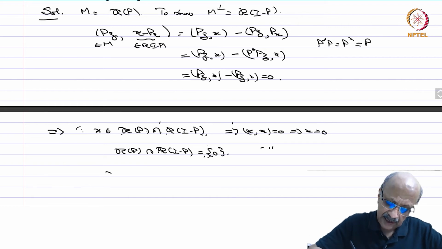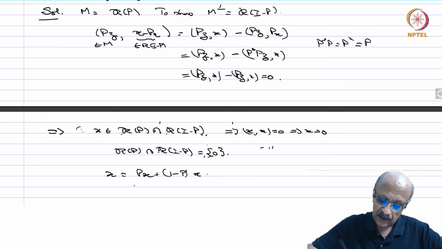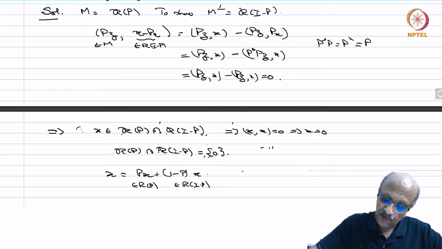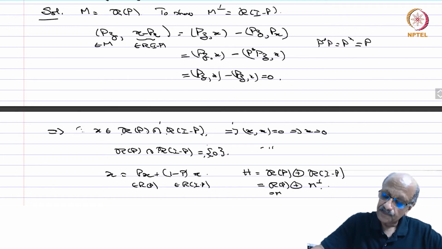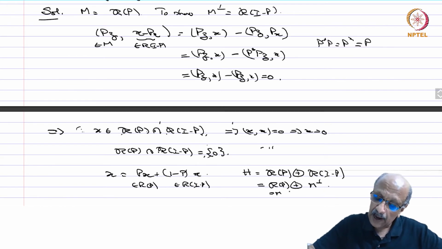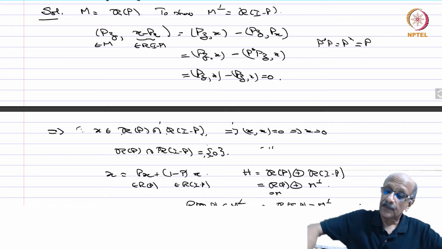Okay, and then any x can be written as Px plus (I minus P)x, and therefore this is in range of P and this is in range of I minus P, and therefore H is equal to range of P direct sum range of I minus P, and H is also equal to range of P, which is equal to M for us, direct sum M perp. Okay, and you have range of I minus P is contained in M perp, and therefore this implies that range of I minus P equals M perp. Okay, so that completes the proof.